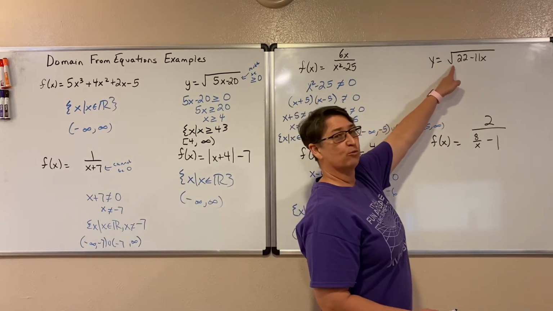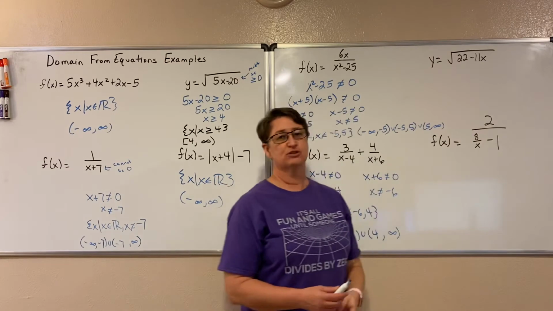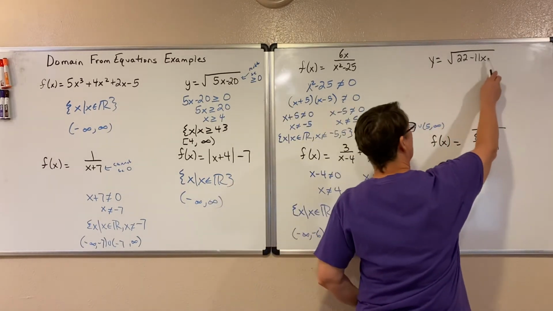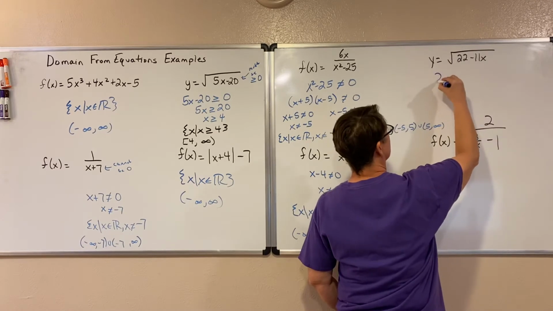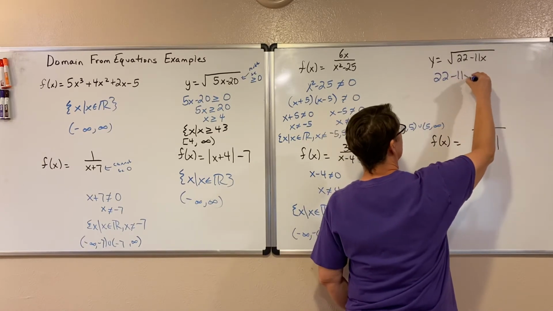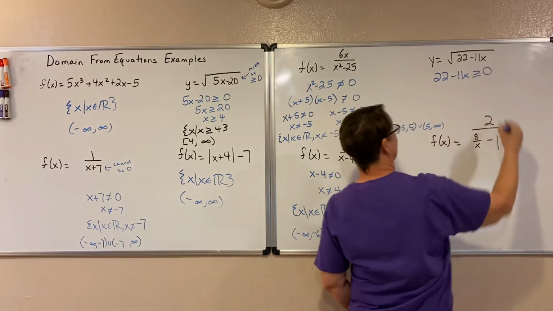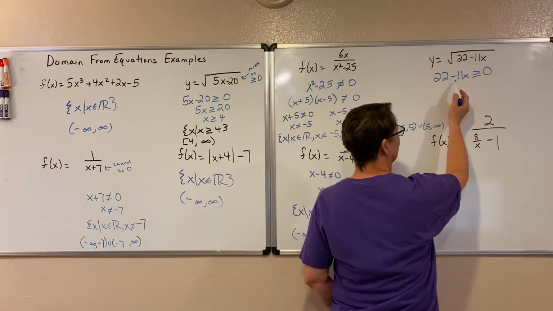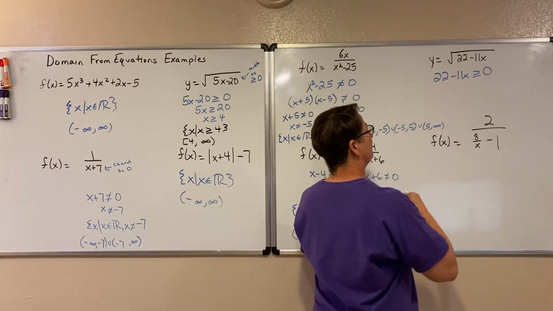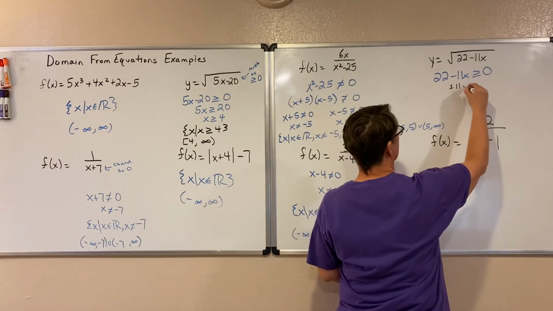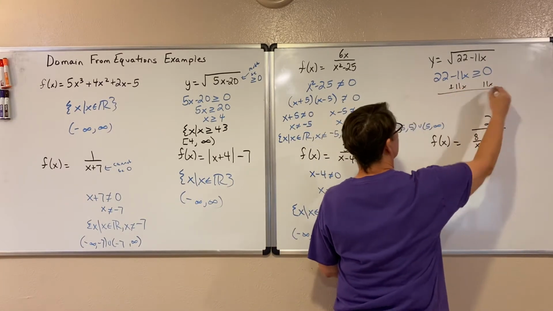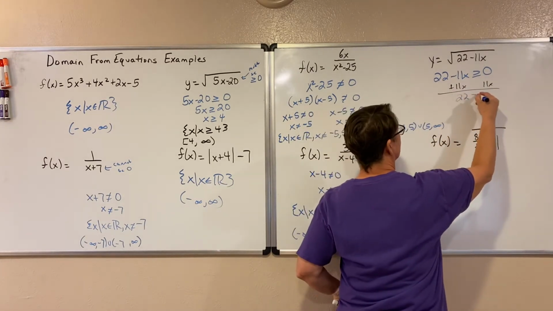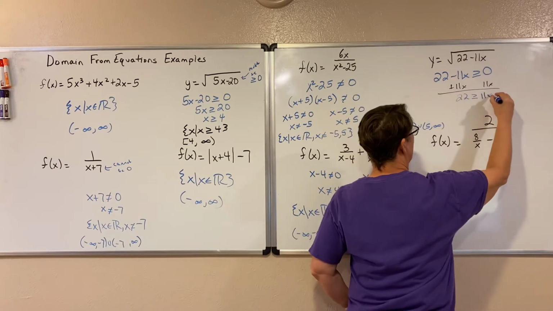Here, I have a square root function. Square root functions do have a restriction. Underneath the radical cannot be negative. So I'm just going to take what is underneath the radical and set it greater than or equal to 0, and I'm going to solve it. So maybe we solve here by adding 11x to both sides, so that we end up with 22 is greater than or equal to 11x.